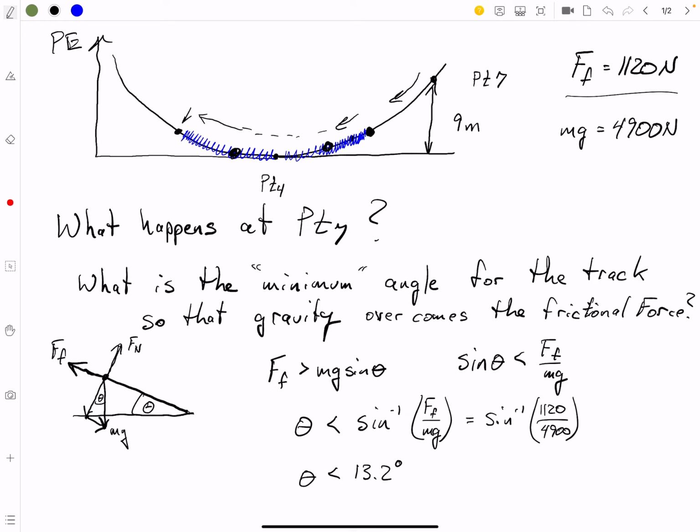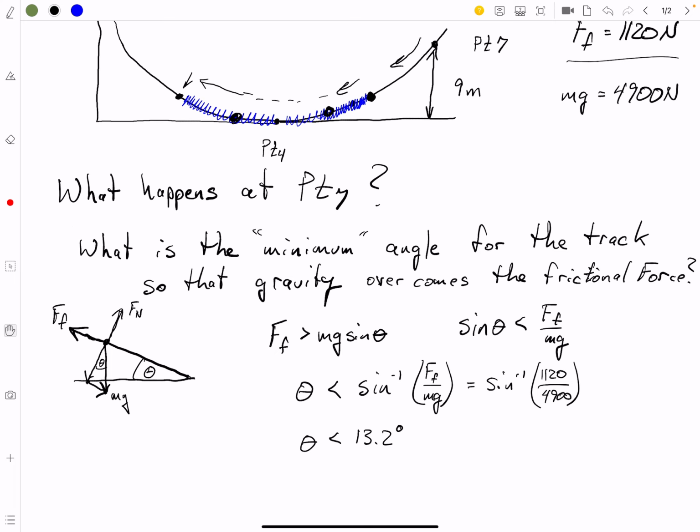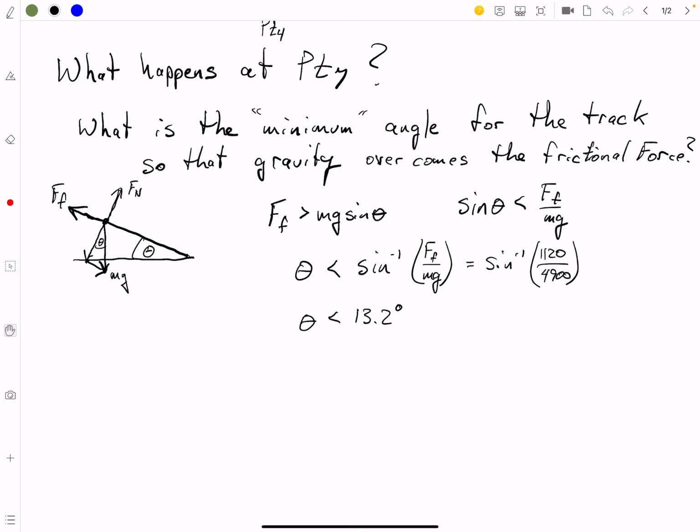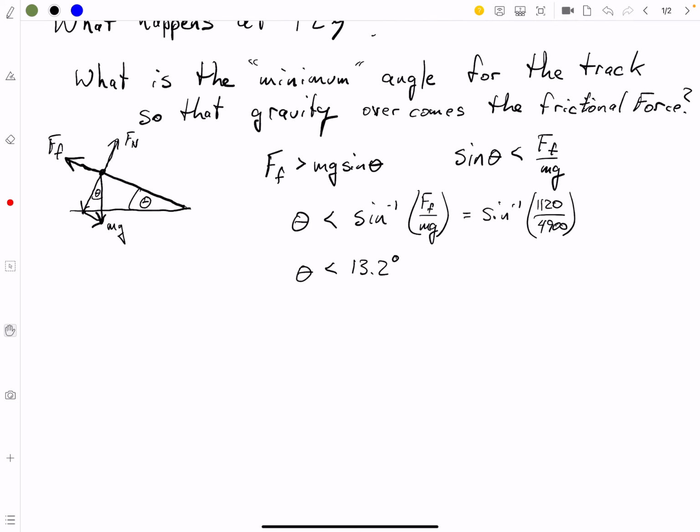What if we're back at our force of friction? What if our force of friction is actually back to the 125 newtons that we started with? What's our angle then?